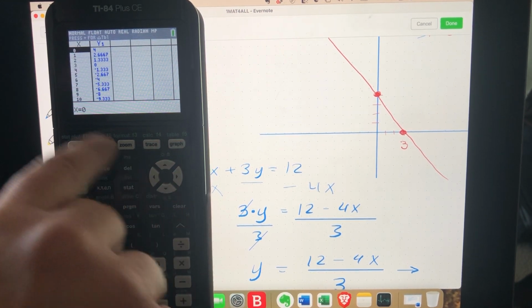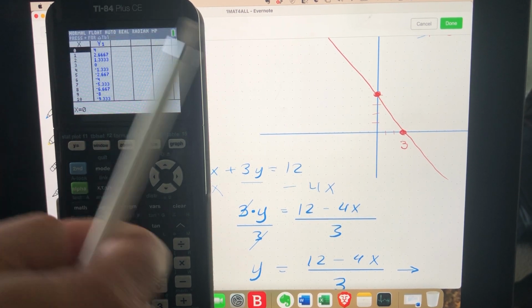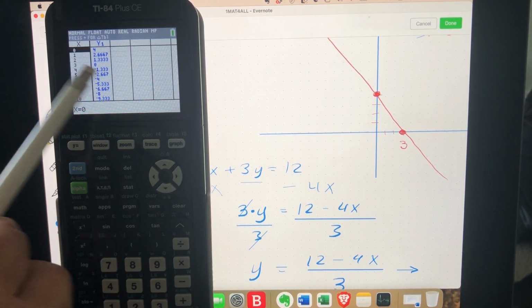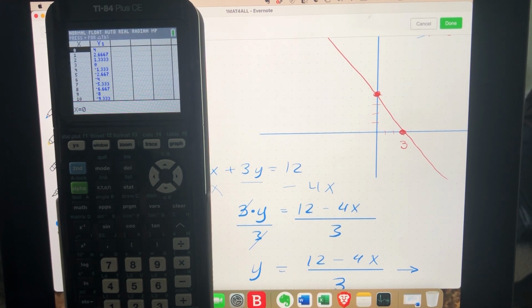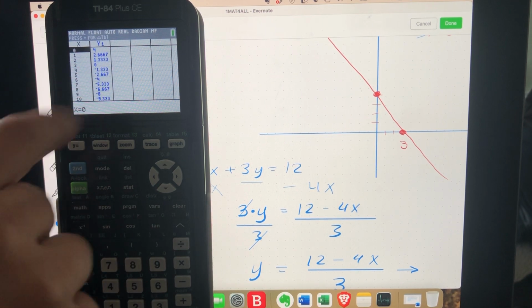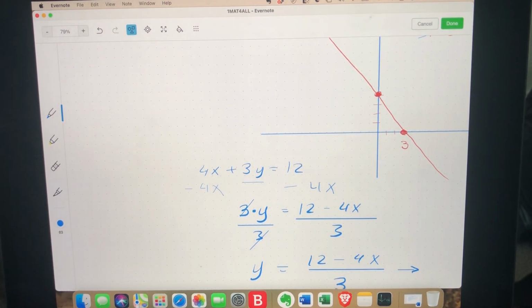So here's the first one, 0, 4. That's our y-intercept. And then the x-intercept happens to be 3, 0. That's right here. So we found both of our table values in the calculator. And that's how to make a sketch using the intercepts.